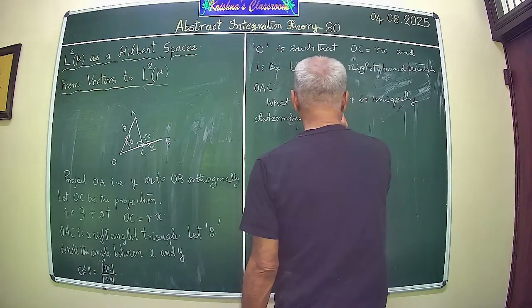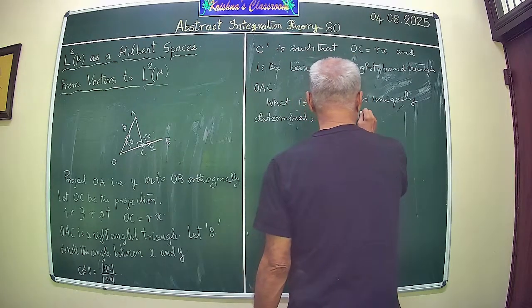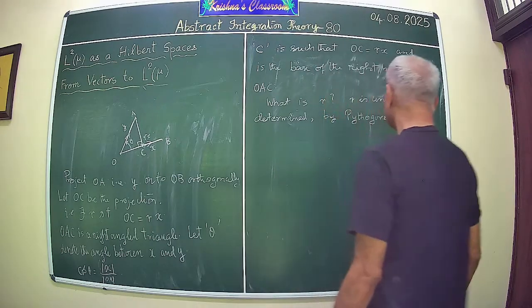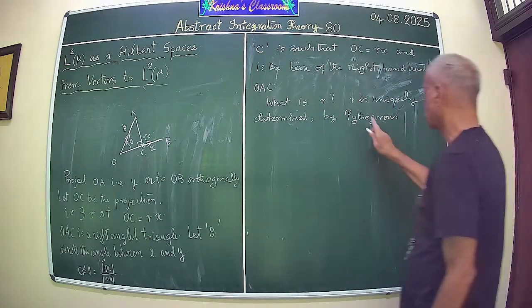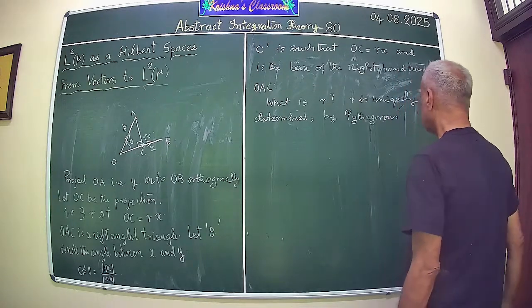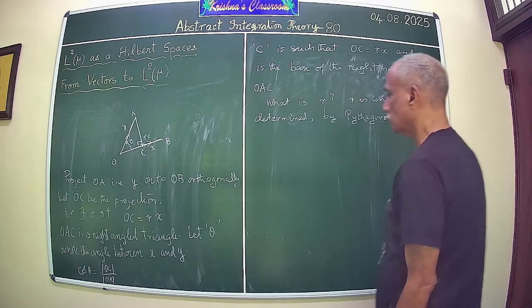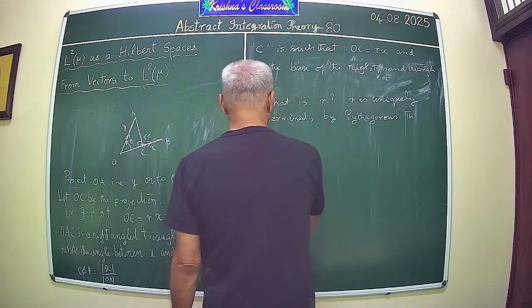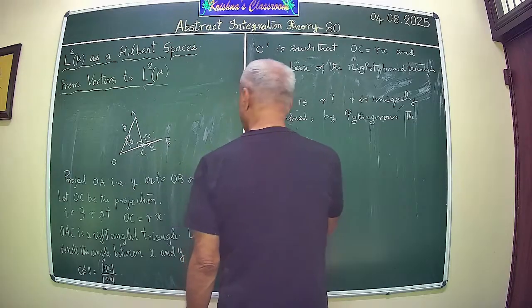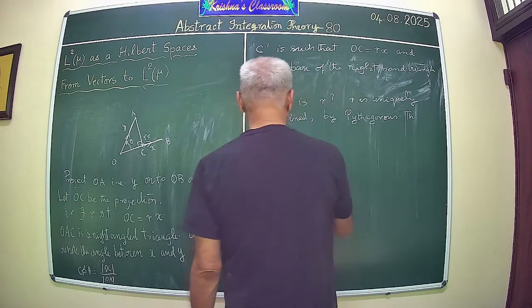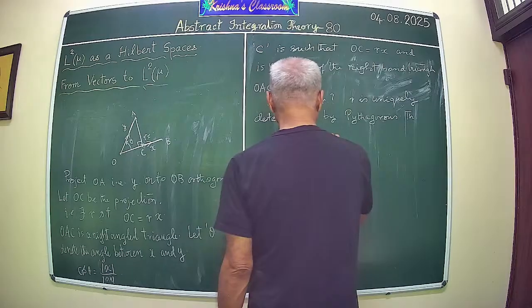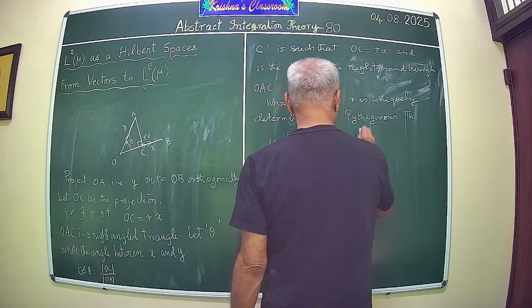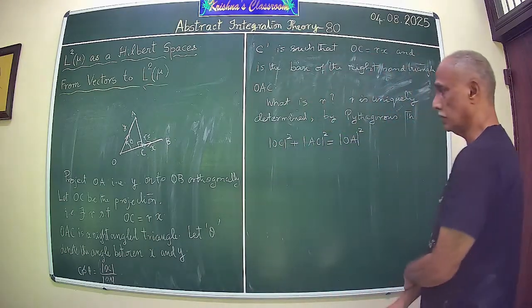By Pythagoras: OC square plus AC square equals OA square.